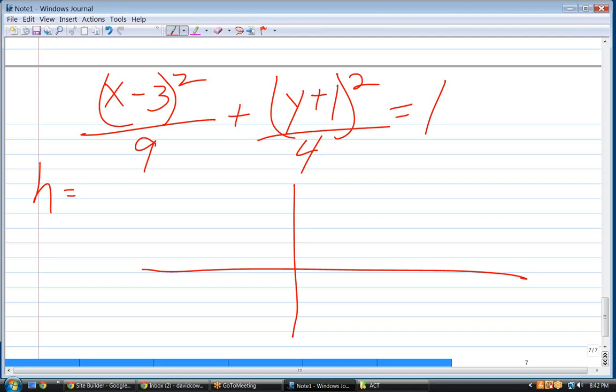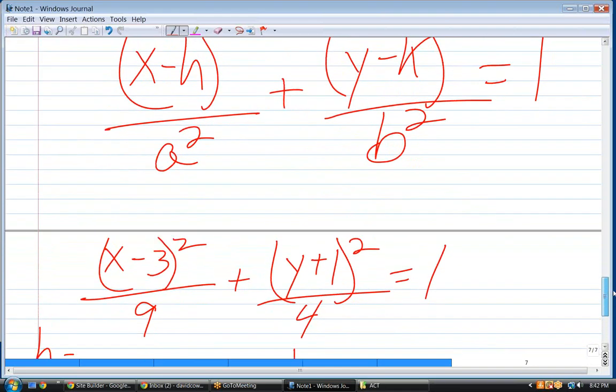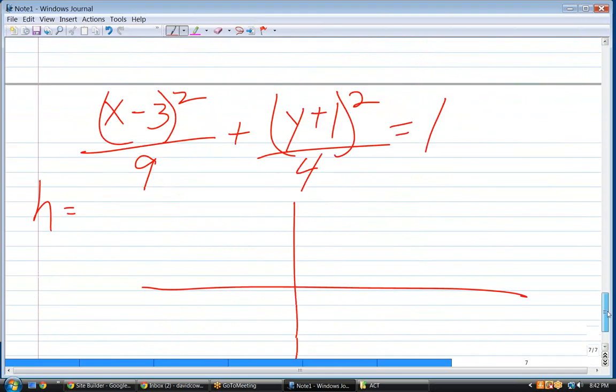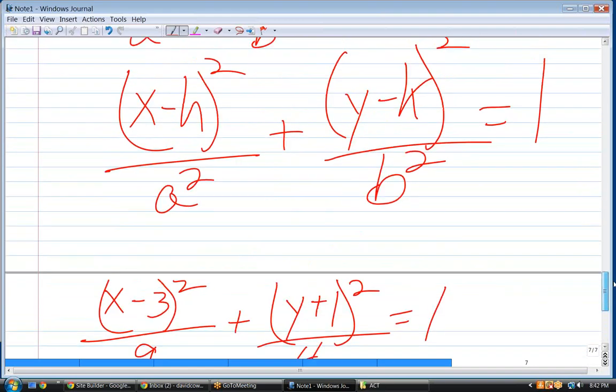We haven't graphed it yet. We're not going to be able to graph it until you tell me where the center is. In other words, for me to graph this, I need to start with where the center is. So we get the center by finding h and k.